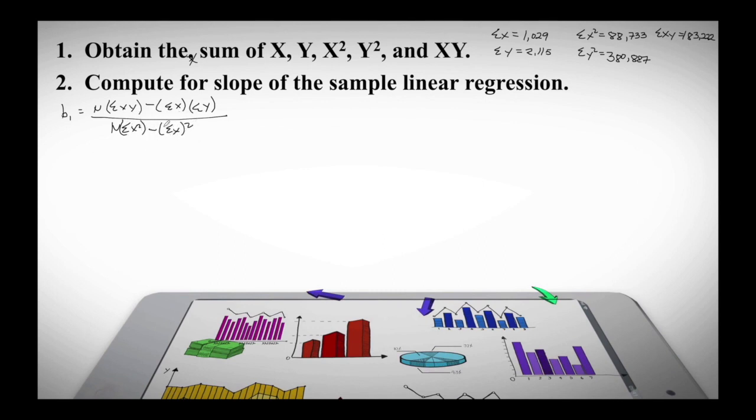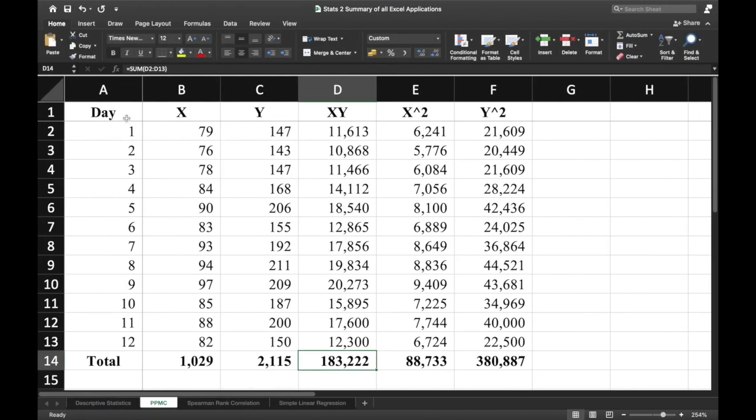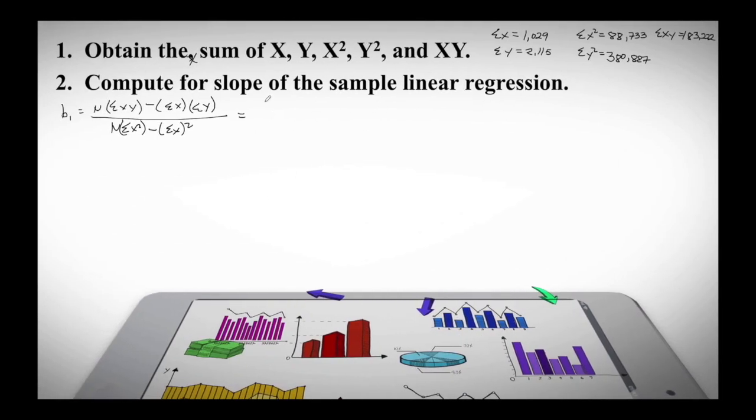Guys, magkaiba yung summation of X squared sa summation of X then squared. Magkaiba tong dalawang to. Baka nalilito kayo doon, no? So, we have here the value of N. Our N here is the number of days. From 1 to 12, meaning we have 12 as our N.